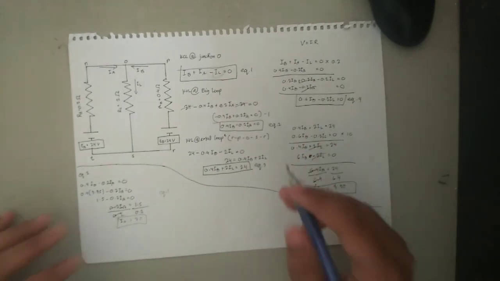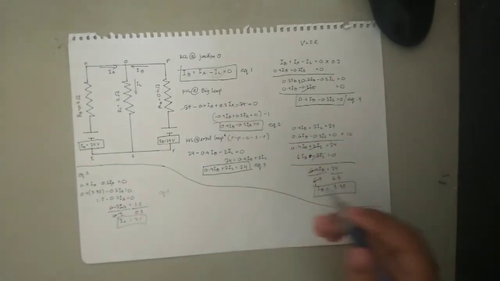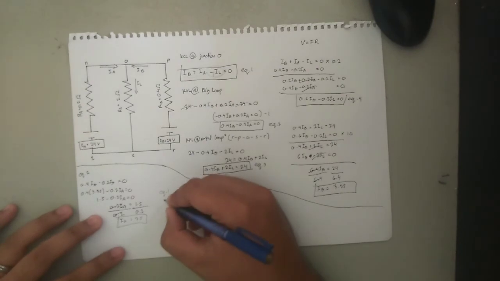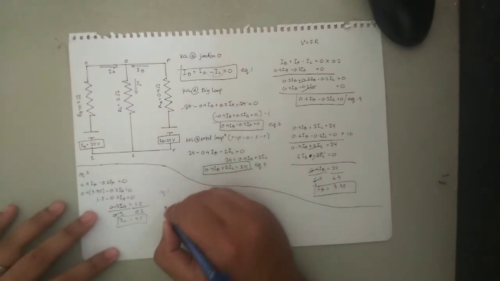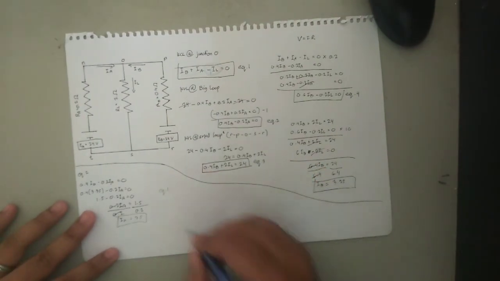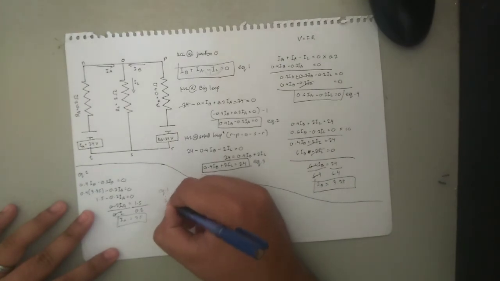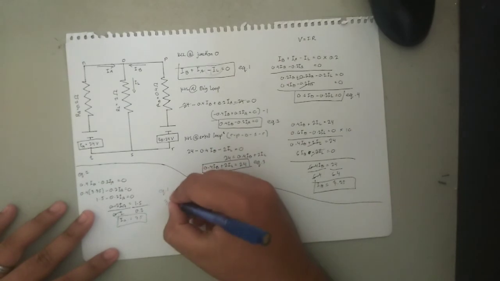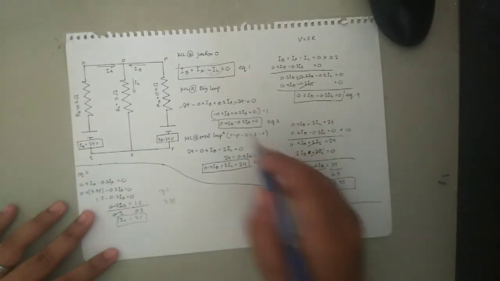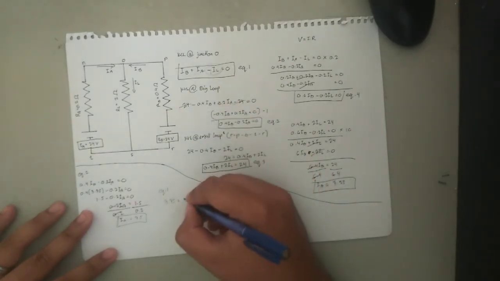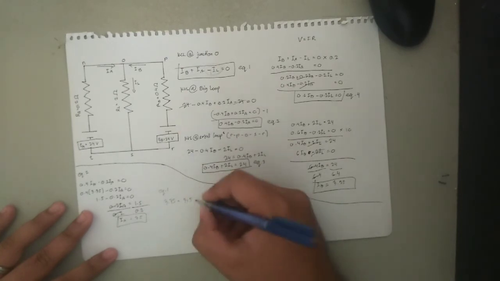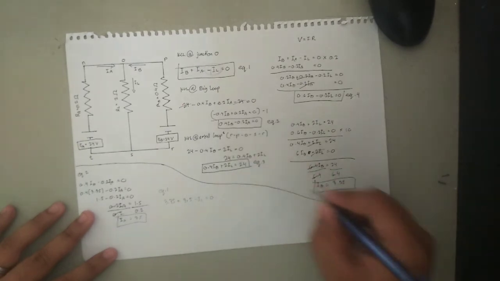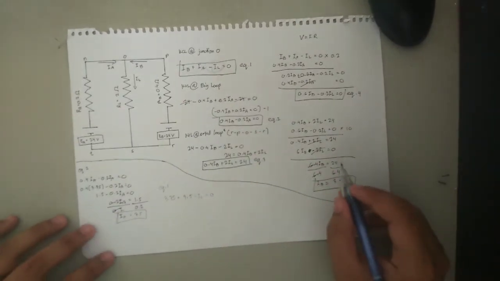So as I've said, equation number 1, IB, which is 3.75, plus IA, which is 7.5, minus IL, which is missing, okay, is equals to 0.